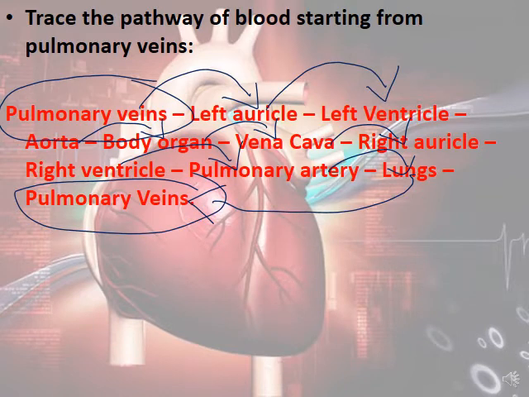No. If you start from the pulmonary vein, you move to the left auricle, left ventricle, aorta, body organs, vena cava, right auricle, right ventricle, pulmonary artery, lungs, pulmonary veins. If you start from the left auricle, you have to go back to the left auricle. If you start from the left ventricle, you have to go back to the left ventricle, and so on.